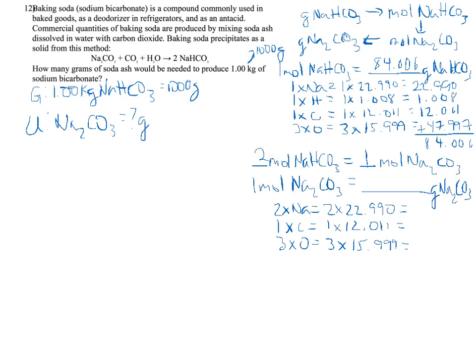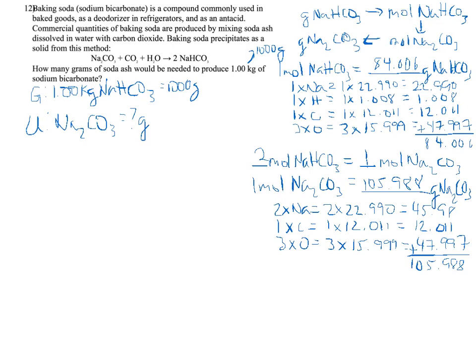So 2 times 22.990 equals 45.98, and 12.011 because we only have one of them, and 3 times 15.999 is 47.997. When we add all those up, we get 105.988, and put that in the blank.